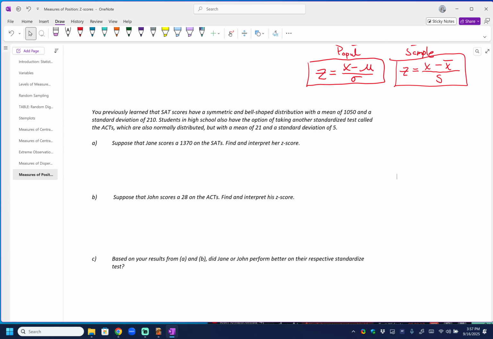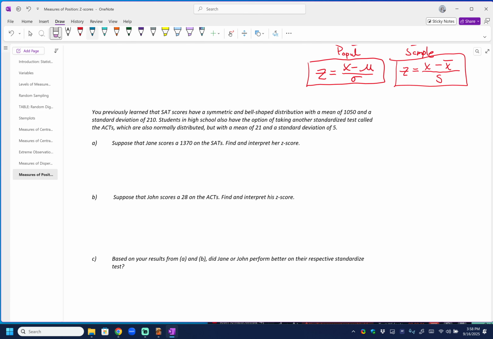That wouldn't be very easy, given that one mean is 1050 and the other one is 21. That is some vastly different scale that we have to somehow figure out in terms of comparing the two to one another. So how do we do that?